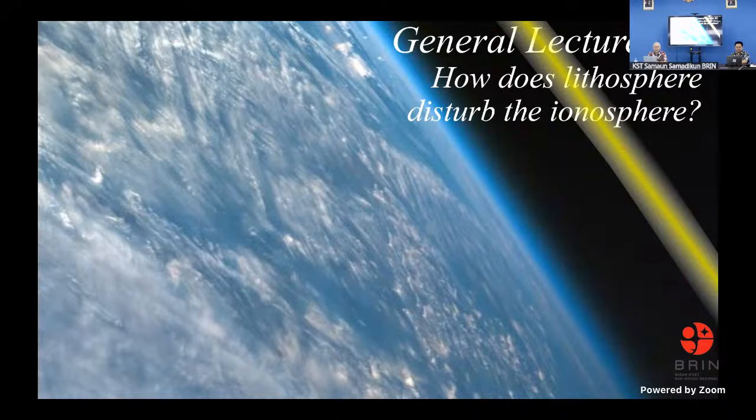These two different spheres, ionosphere and lithosphere, are studied by two different groups, so this is a kind of interdisciplinary study about the link between the two distant spheres of the Earth.